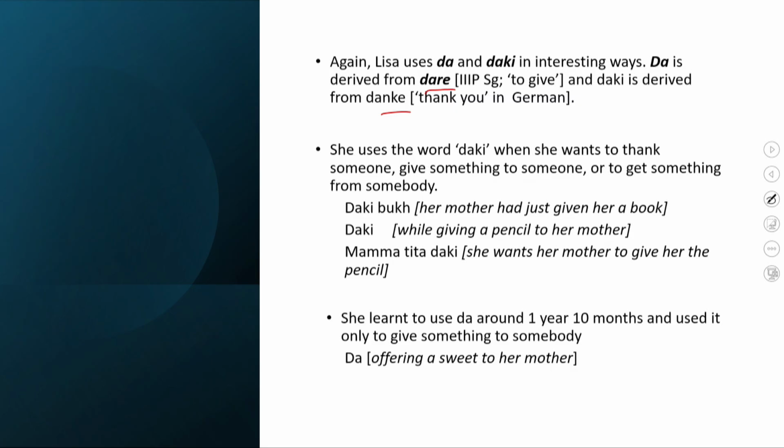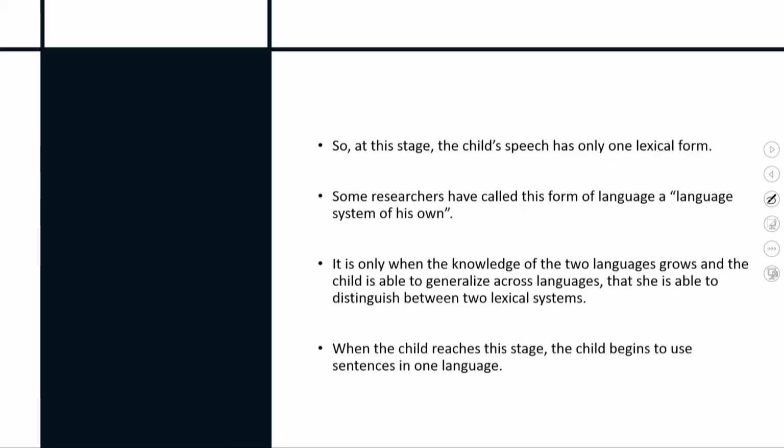She learned to use da around 1 year 10 months and used it only to give something to somebody. When she is offering a sweet to her mother, she says da. So, at this stage child speech has only one lexical form, which is why the differences she makes show that she has different concepts associated with them. Some researchers have called this form a language system of his or her own at that stage.